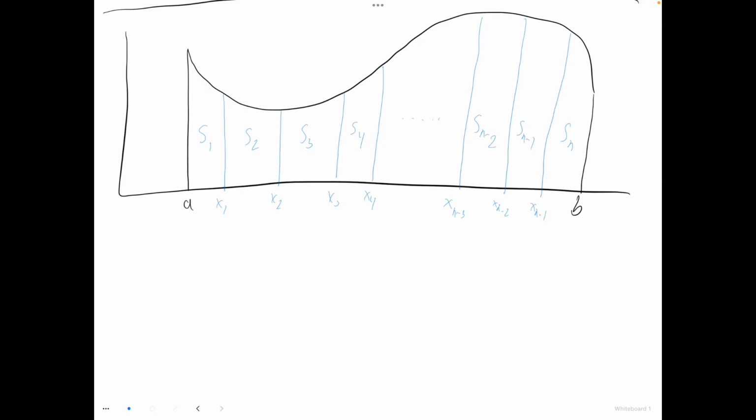Each of them will have equal width, and so we're taking the interval A to B, and the overall width here is B minus A, that's the width of the whole interval, but we're dividing it up into n pieces. And so this is going to be the width of each rectangle. That's the width of each of these pieces that we've made.